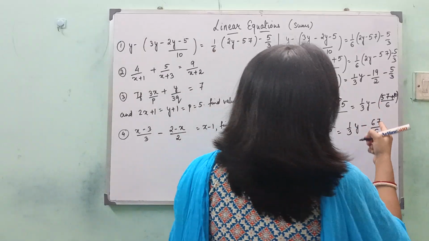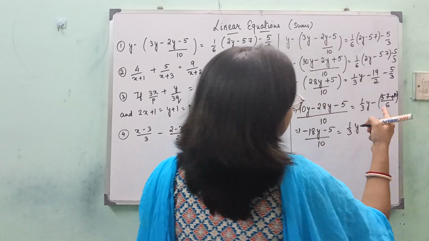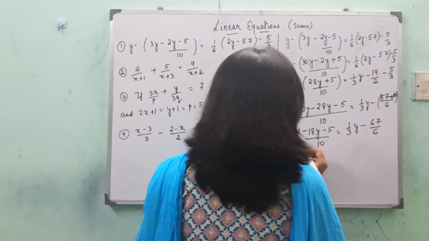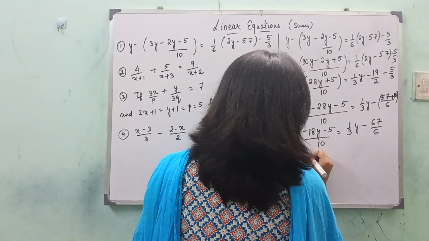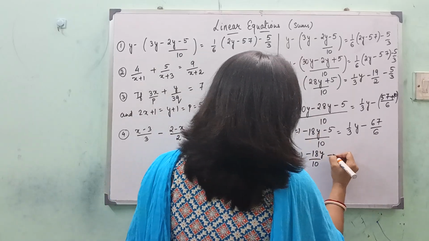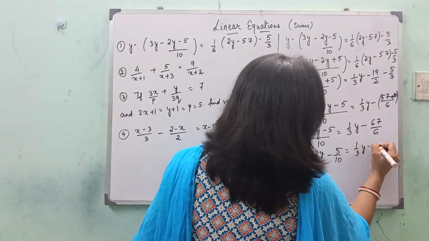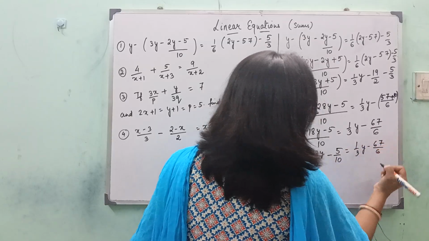Alright. Okay. Now this becomes minus 18y by 10. We are splitting the LCM. Minus 5 by 10 equals to 1 by 3y minus 67 by 6.